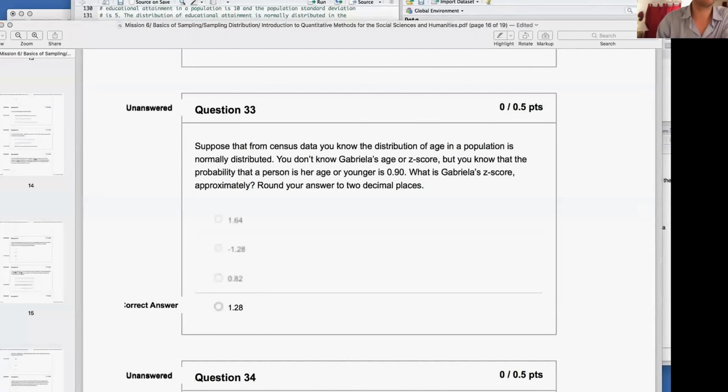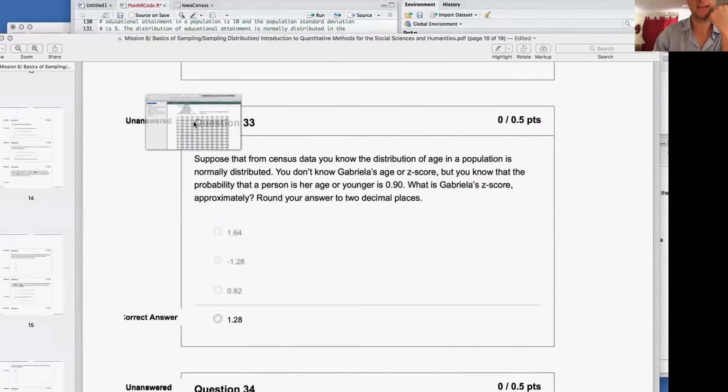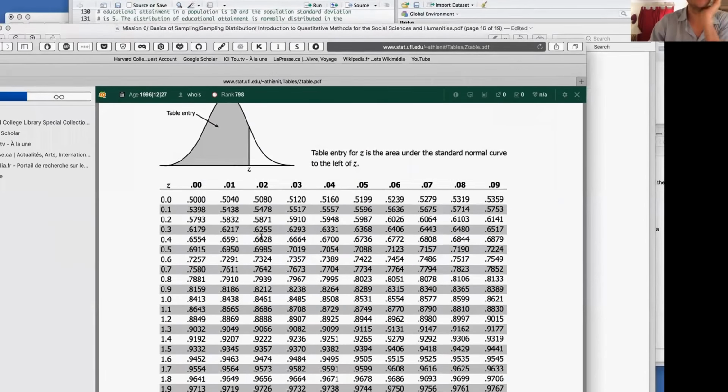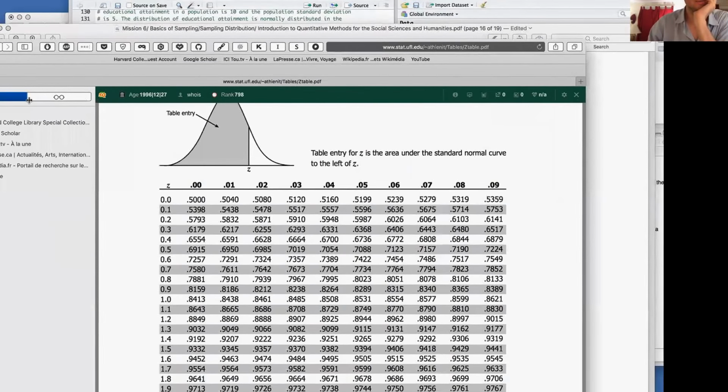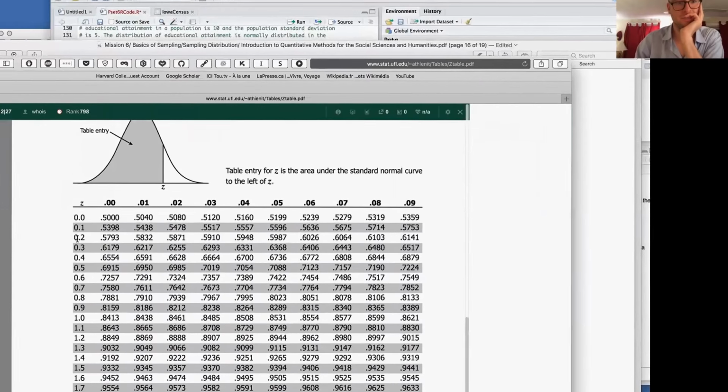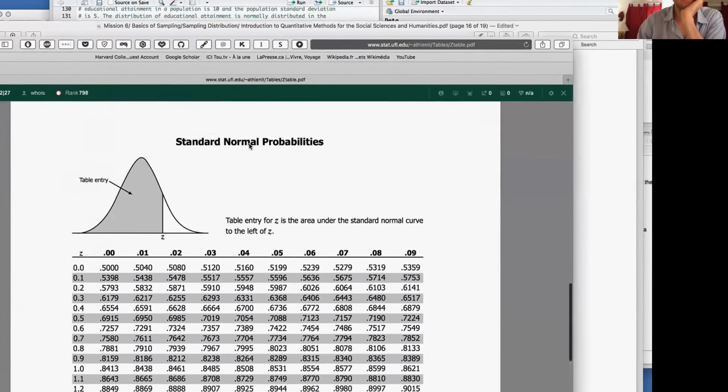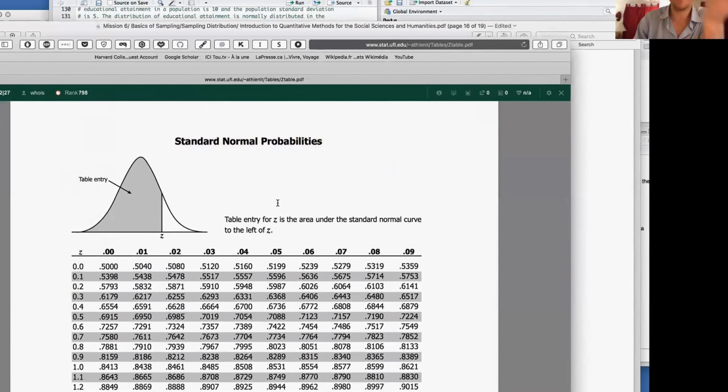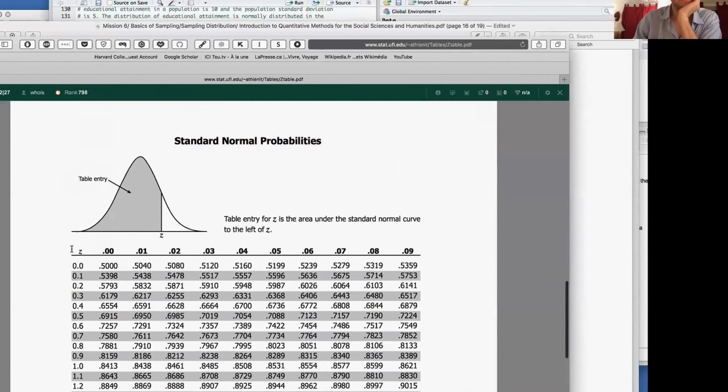I'm just downloading a PDF that is ubiquitous. Let's see if this includes positive. Yeah, look at every stats book, everyone has them. They're called standard normal probabilities. Standard means you can compare across different values. Here's the z-score.